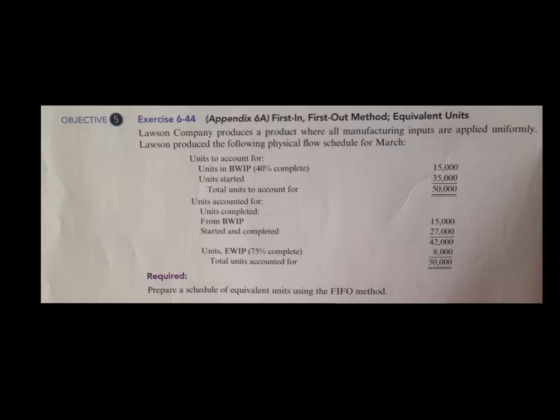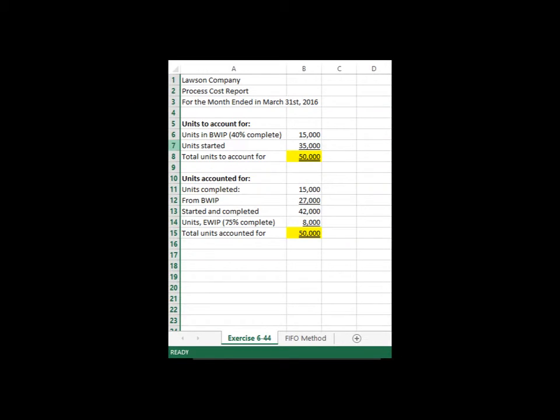I broke this problem up into how this whole thing is conducted in Excel and also completing the exact problem. Here, once again, we have the who, the what, and the when. And again, like the last problem, month ended in March 31st, 2016, which I'm using the year that's closest, to predict the future.